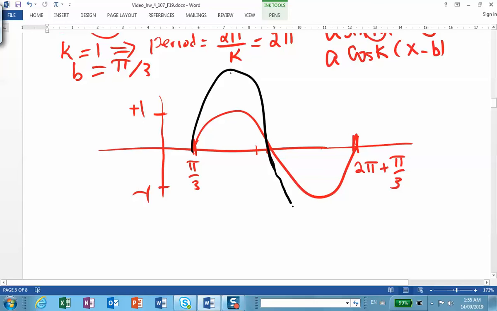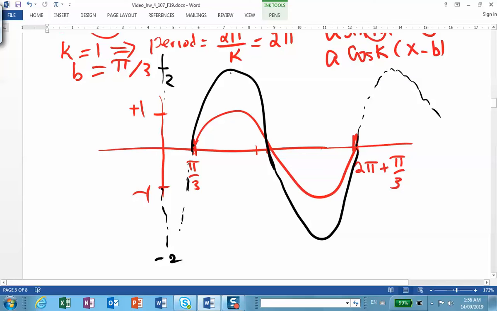So this is going to be height of 2, and this is going to be height of minus 2, and then this thing repeats itself according to that pattern. All right, etc. Okay, so this black curve is the graph of 2 sine of x minus pi over 3.